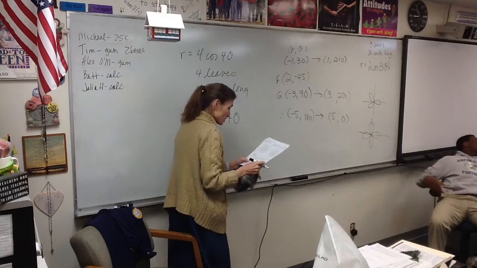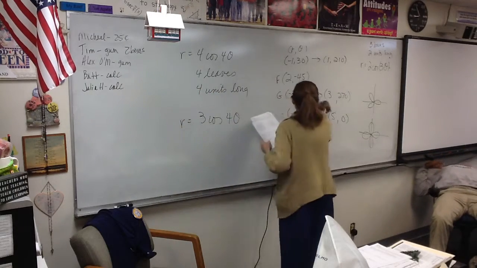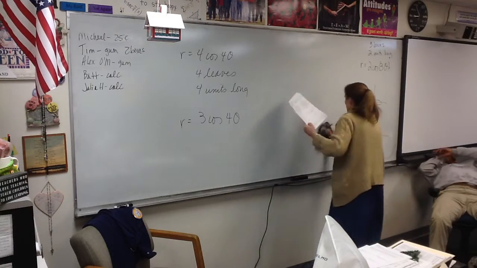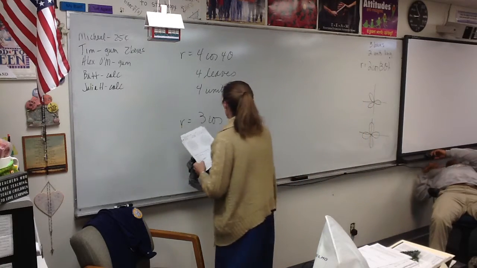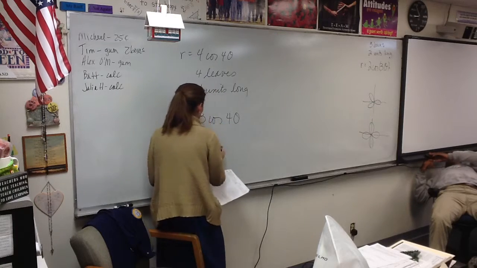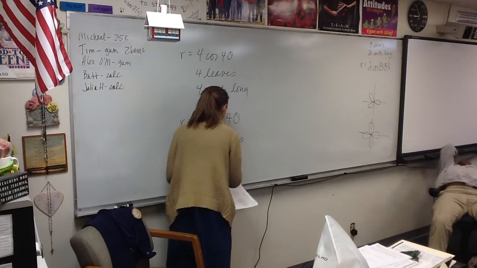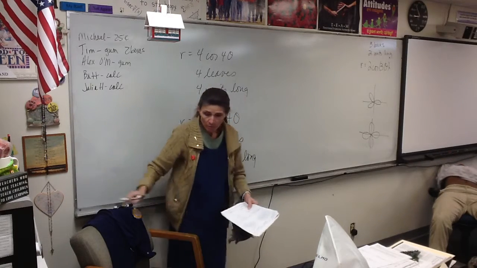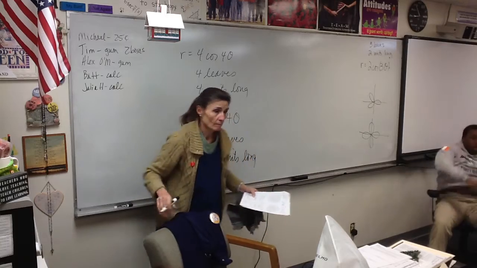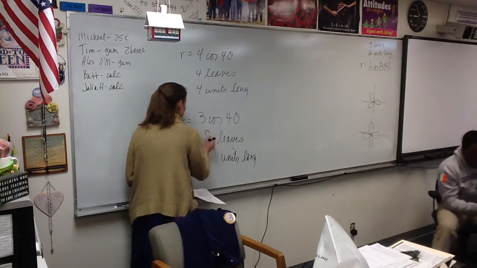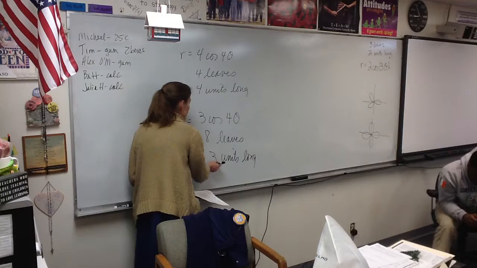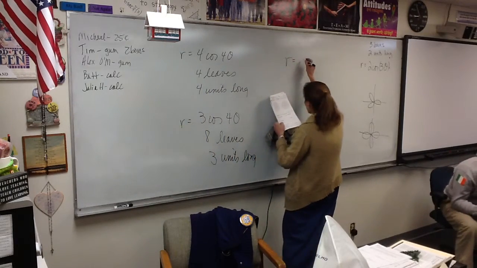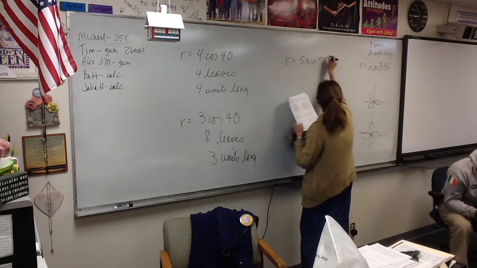All right, let's try the next one. What did you get here? It has 8 leaves, and they're 3 units long. In a minute, I'm gonna ask you to make an observation, guys.